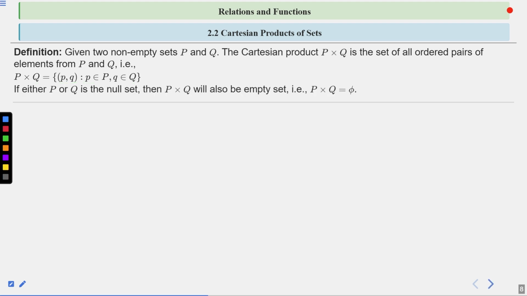If either the P set or the Q set is the null set, meaning empty, then the Cartesian product of the two sets will also be the empty set, meaning P × Q is empty.